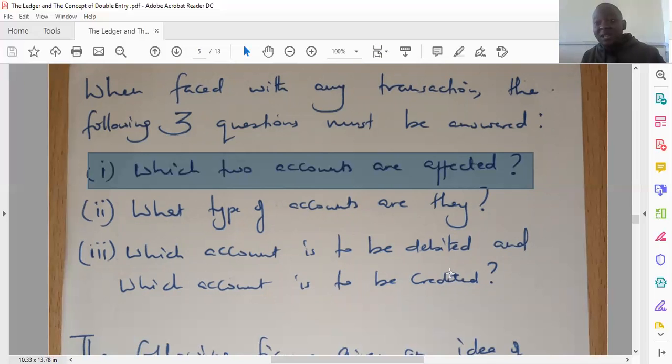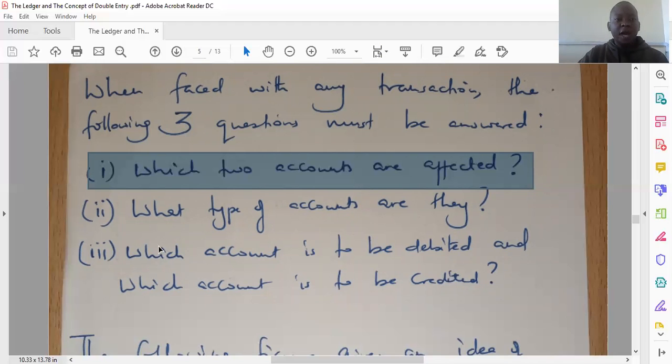It could be a personal account, an impersonal account, a nominal account, or a real account. I hope you are together. You need to understand the classification of accounts in order for you to answer this question.